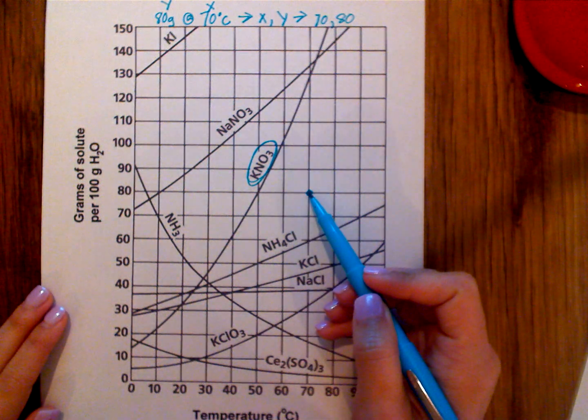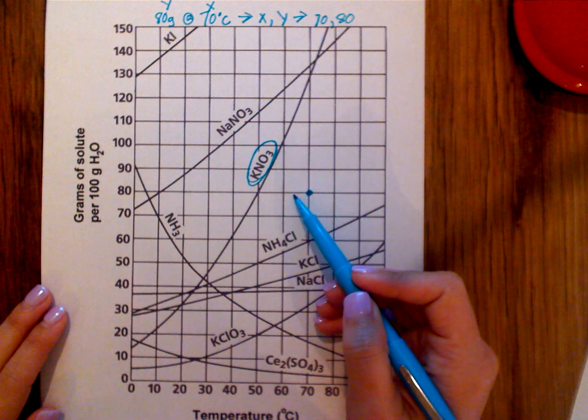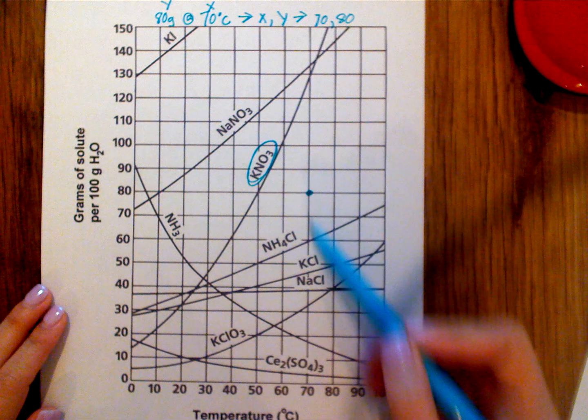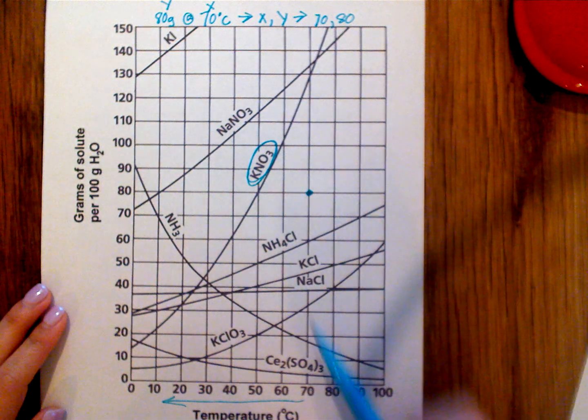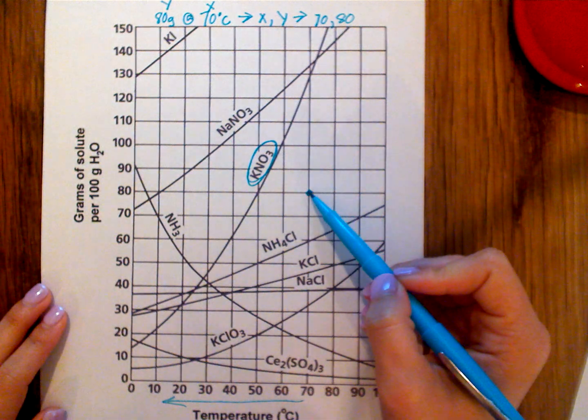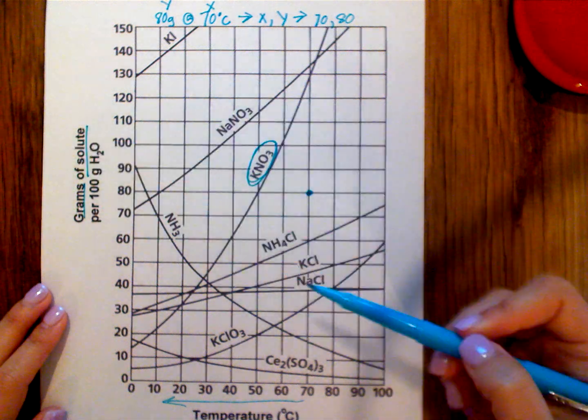The question is asking us, as we start to cool, so if I start to cool this point, if I come down and just look at my temperatures, if I'm cooling, I'm obviously not going to be moving to the right, but I'm going to be moving to the left and decreasing from 70 as I come down in temperature. I'm not changing the amount or the grams of solute that I put into solution.